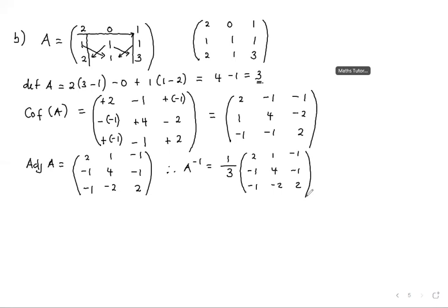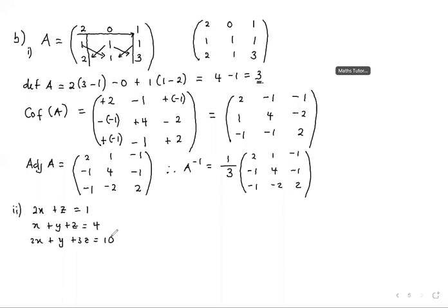Then they say hence or otherwise, solve 2x plus z is equal to 1, x plus y plus z is equal to 4, 2x plus y plus 3z is equal to 10.